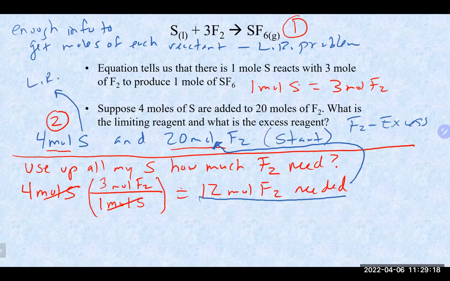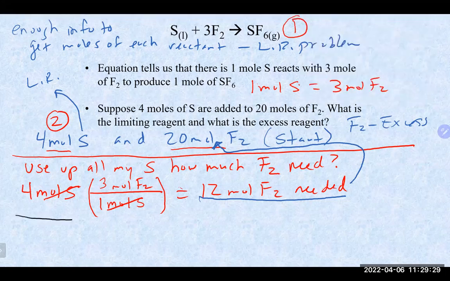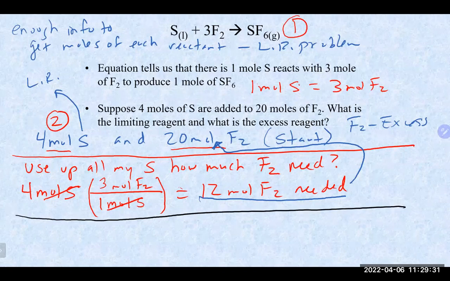Now, like I said, you could actually choose either one. So I'm going to do the opposite calculation just to show you that it comes out the same way, not in terms of numbers, but in terms of what it tells you. Let's say you decided I want to figure out how much sulfur is needed to use up all the F2.